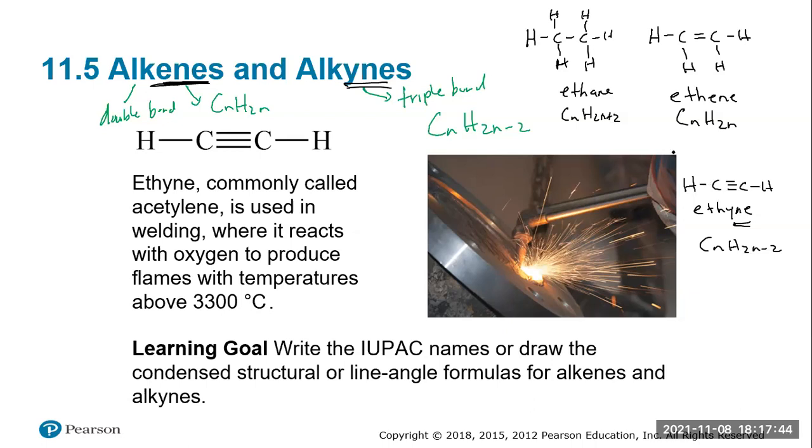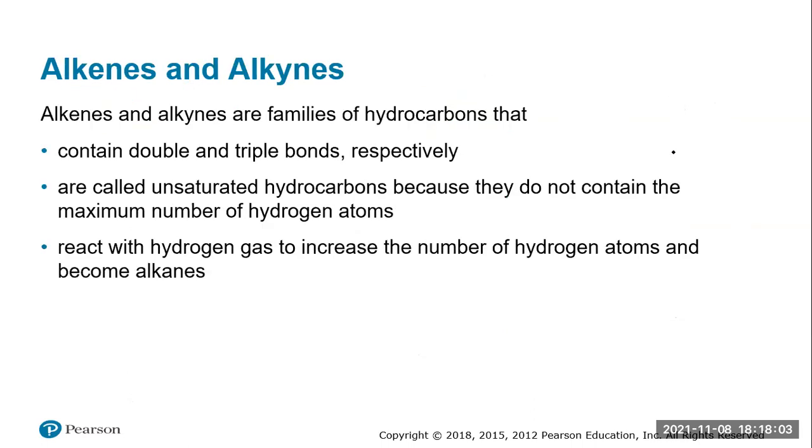As you could also see, these are also based off of the first 10 alkanes, but they do have a double bond or a triple bond, which again means that they are unsaturated hydrocarbons because they are not containing the maximum number of hydrogens that should be there. And that's what this says here, unsaturated hydrocarbons, because of those double bonds or triple bonds.